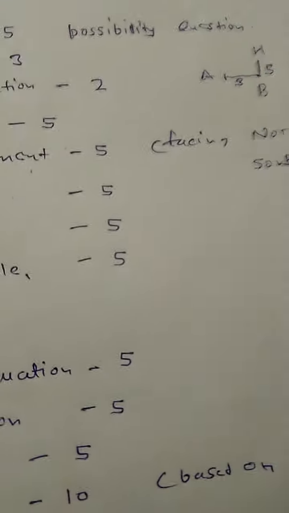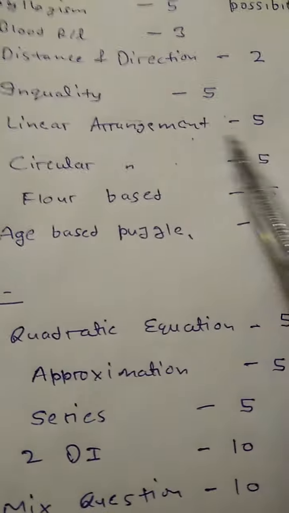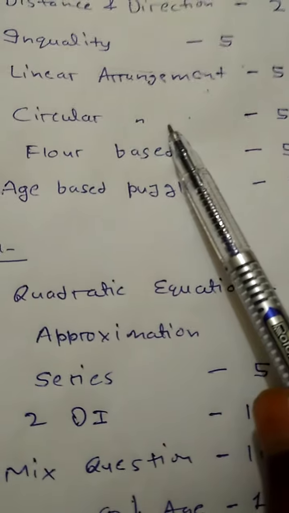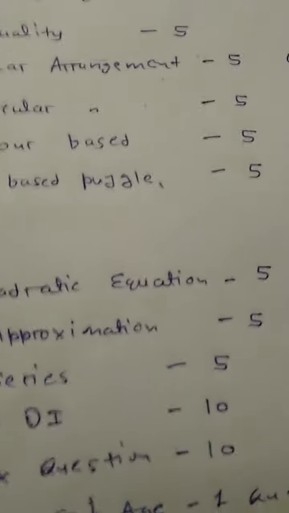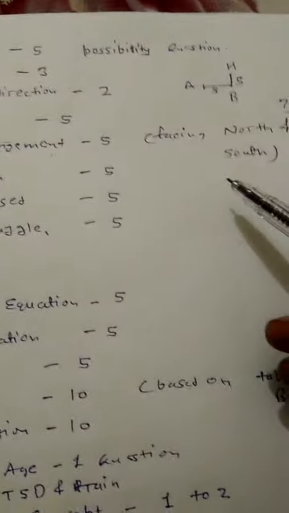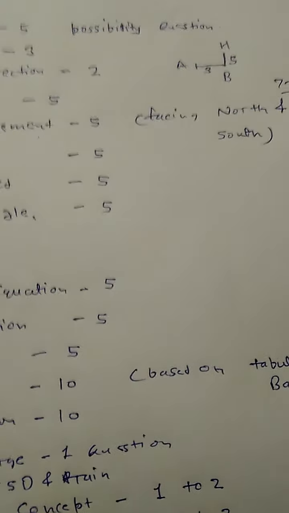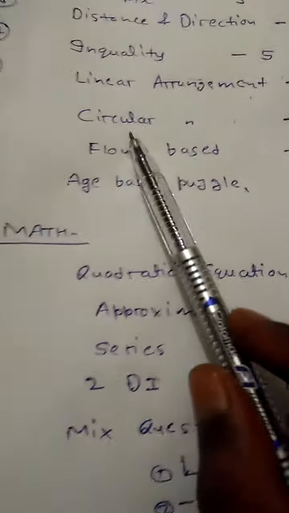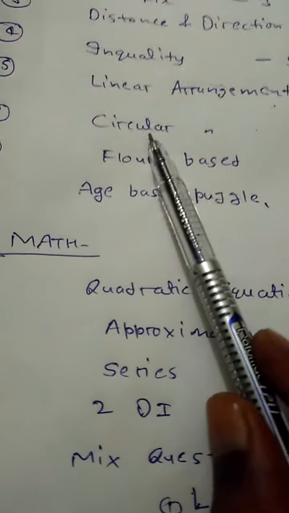You can easily solve this. In circular arrangement, suppose there are 7 members in a family, A B C D E F G, and A is third to the right of the professor and B is second to the professor. You can solve this very easily if you have practiced.